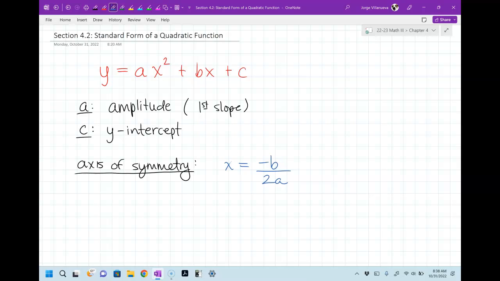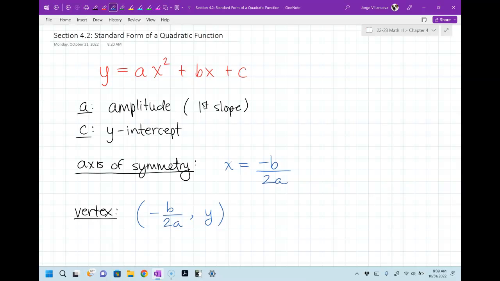And that'll help me find my vertex. Now, remember, my vertex was h, k before, right? That's what it was, h, k. So for me, that's not the case anymore. My vertex is, it's going to look really complicated, but it's not that bad.